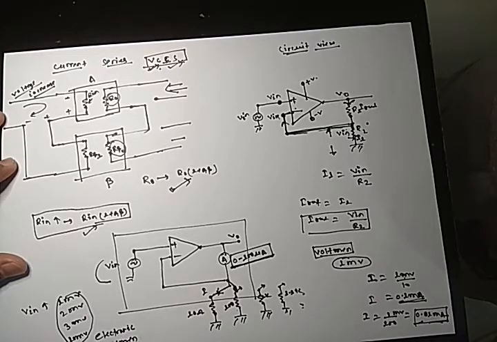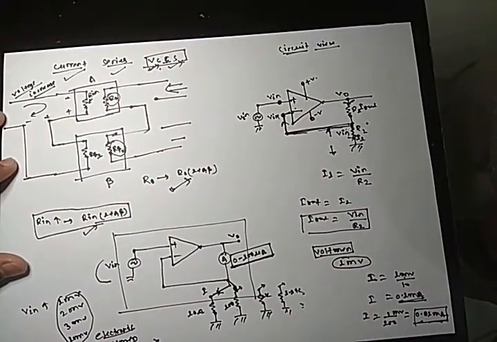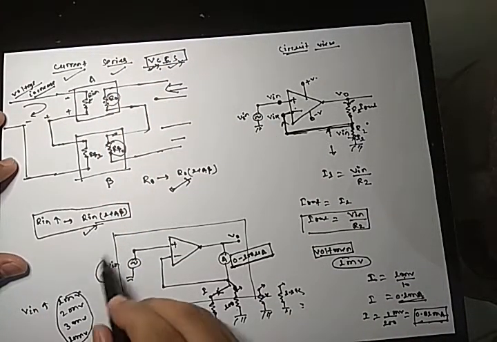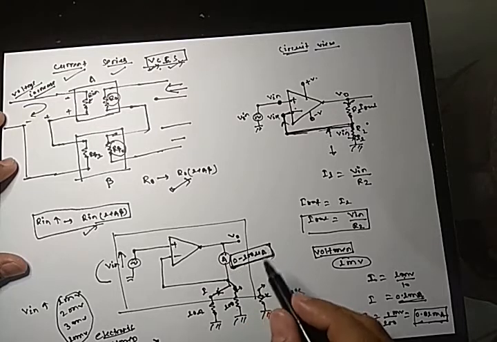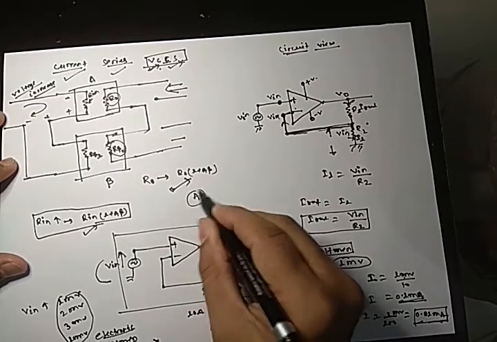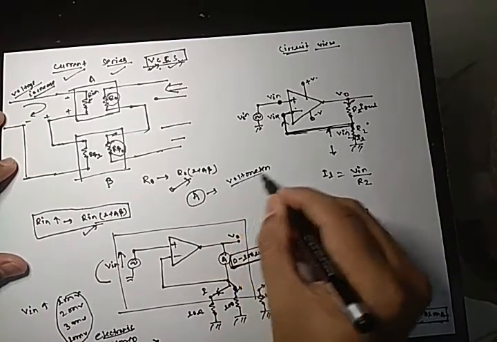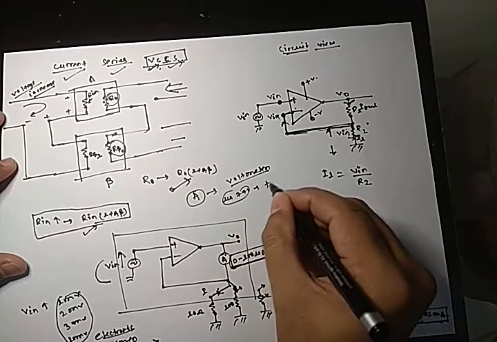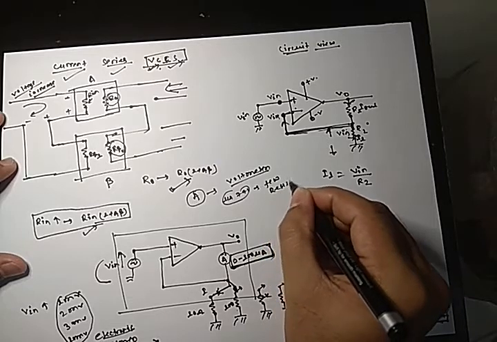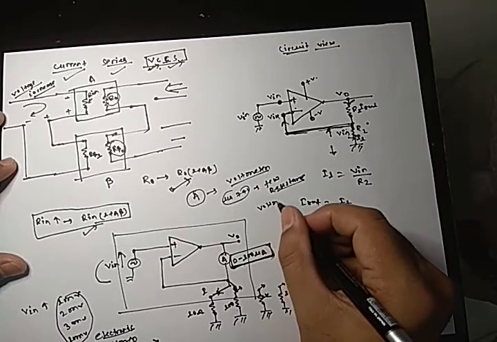So here we could make this current series concept an electronic voltmeter, and any range of voltage can be depicted and calibrated in an ammeter. If we have an ammeter in the lab and we want to make a voltmeter, then how can we make it? With just the help of one UA741 and a few resistances, we can make the voltmeter.